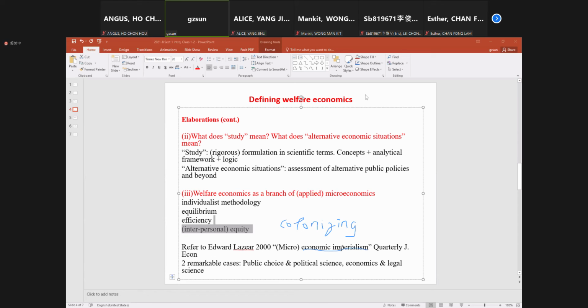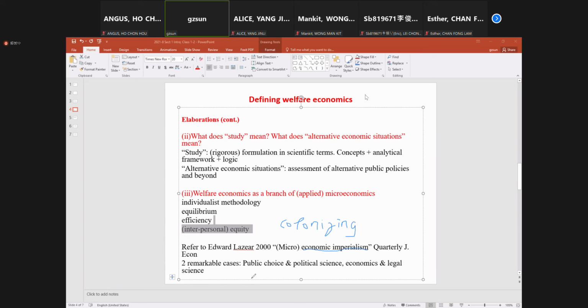One example is we do have a Nobel Prize for economics, but no such prize for political science, for sociology, for law study, because for many people, such disciplines are simply not scientific enough, much less scientific compared to economics.